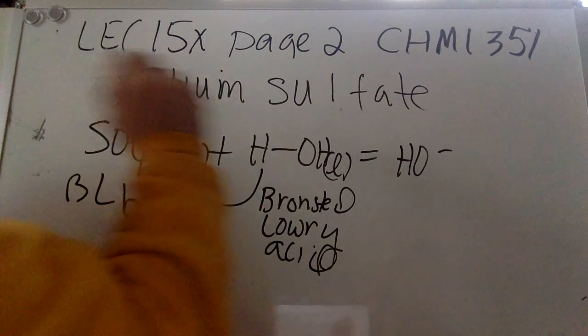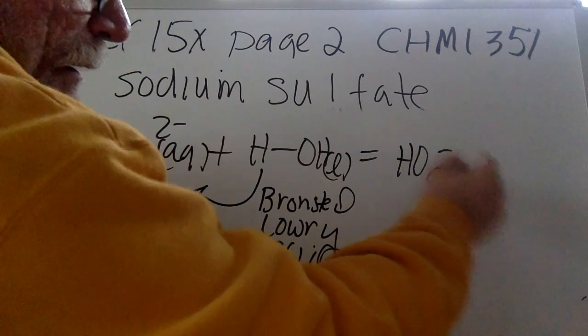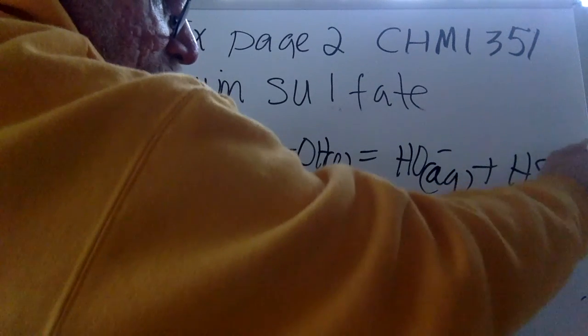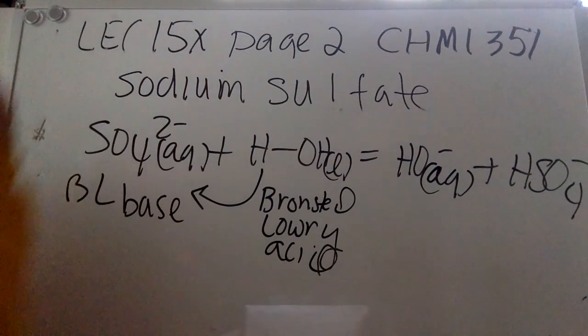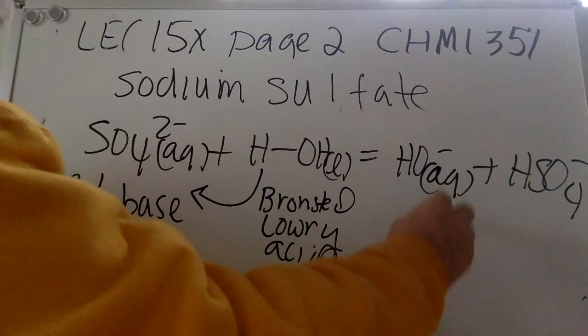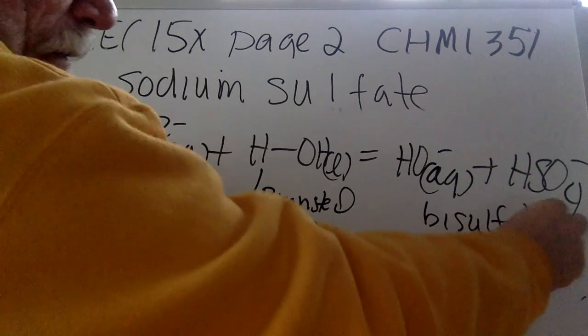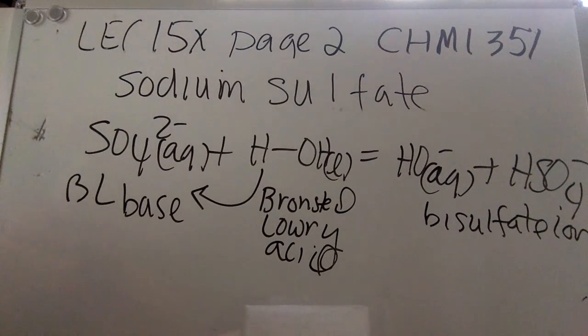So I do get my hydroxide, and then I get hydrogen sulfate ion, sometimes called bisulfate ion, especially in the medical field or pharmaceuticals. So let's go ahead and take a look at this guy.